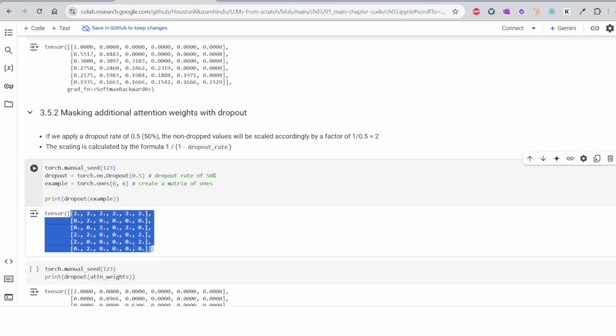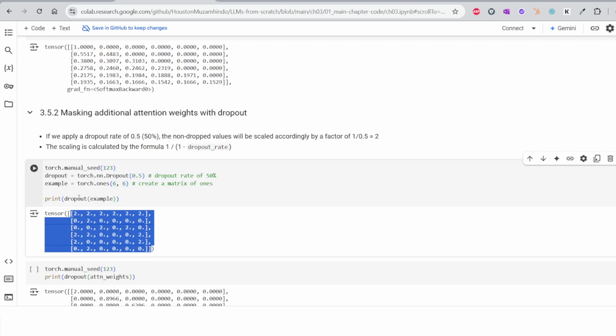Because here we're dropping out 50%, the scaling factor is 1 divided by 1 minus the dropout rate. So 1 divided by 1 minus 0.5 is just 1 divided by 0.5, which is 2. The zeros are where we are going to drop out, the ones are the safe ones, and they are multiplied by the scaling factor. That's why the twos are there.